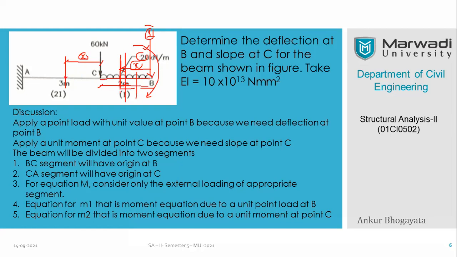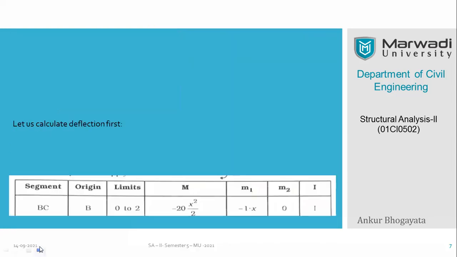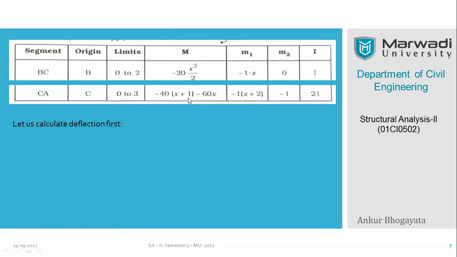So 20 into 2 into the total effective distance x plus 1. Now I think you are clear enough how the equation has been developed. And of course there is an external load of 60 kilonewton as a point load, and only the distance is x, so again it will create a clockwise moment. That is how we have developed this capital M equation in the second segment.